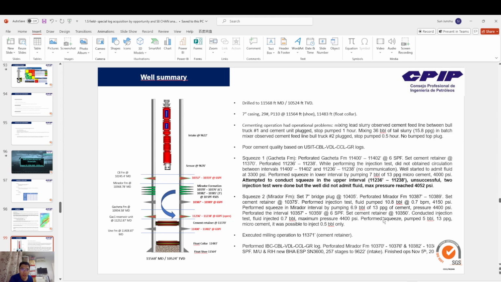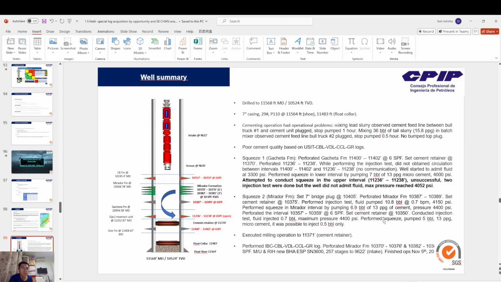Squeeze 2 in Mirador Formation. Set 7 bridge plug at 10,405 feet. Perforated Mirador Formation at 10,387 feet and 10,389 feet. Set cement retainer at 10,375 feet. Performed the injection test.